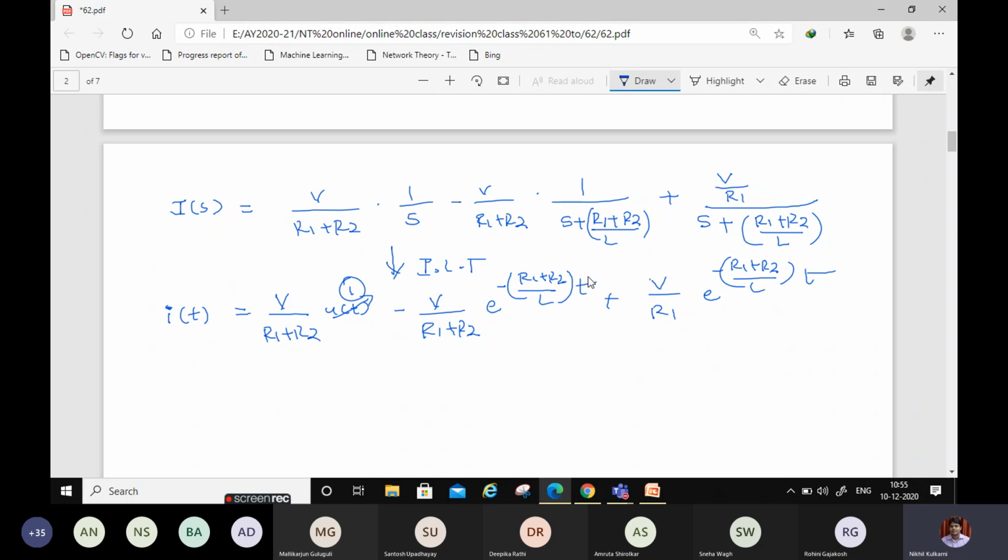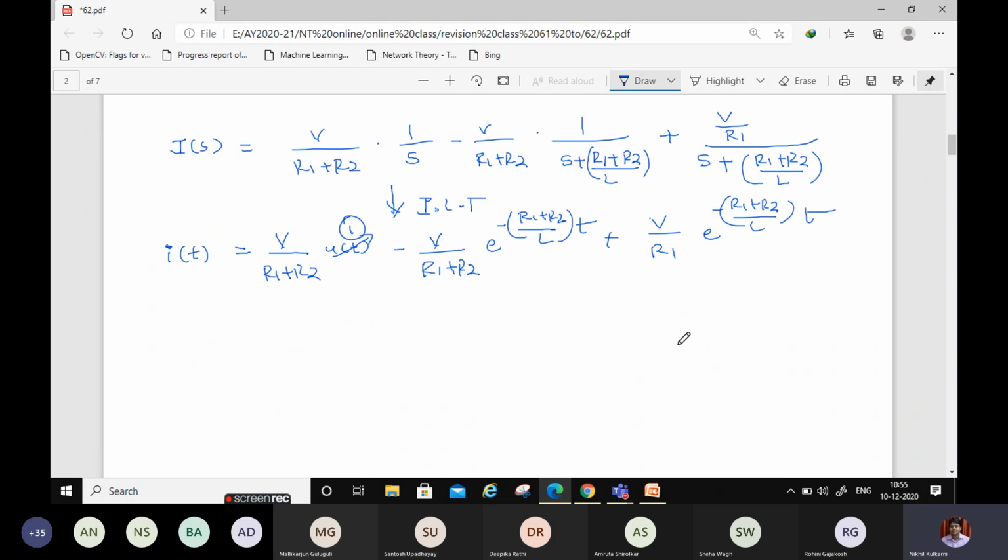Now you can take this common factor, v divided by r1 plus r2. So you can write 1 minus e to the power minus (r1 plus r2) by L into t.